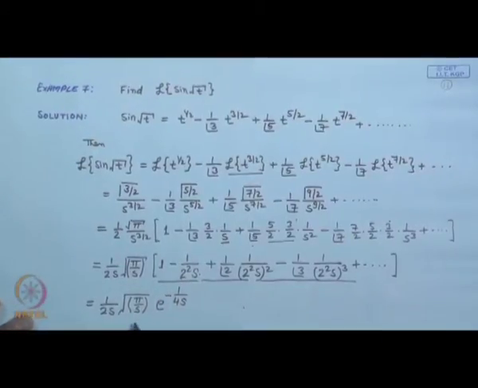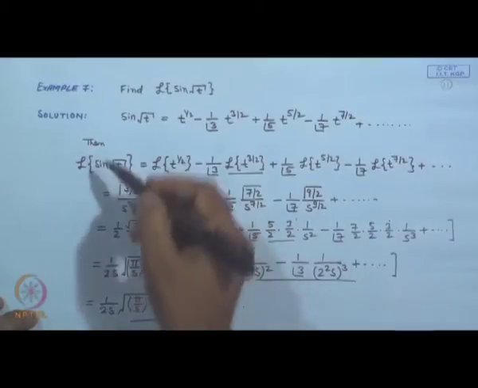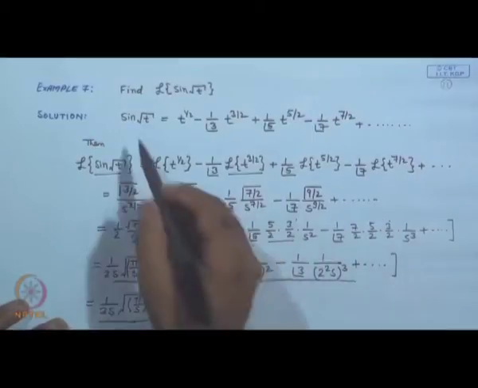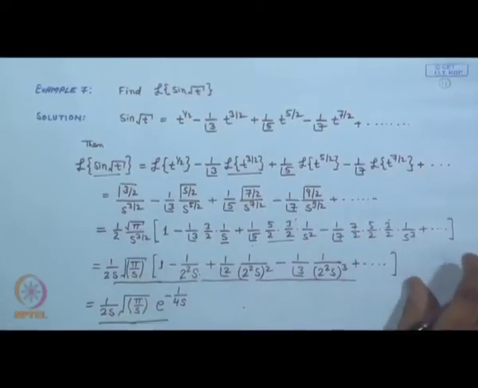So in this case, this is the Laplace transform of sine square root t, because the transformed series is also convergent, and in this case we get this transform by taking the Laplace transform term by term. Okay, so we have seen so far some basic examples of Laplace transform and the definition of this Laplace transform.